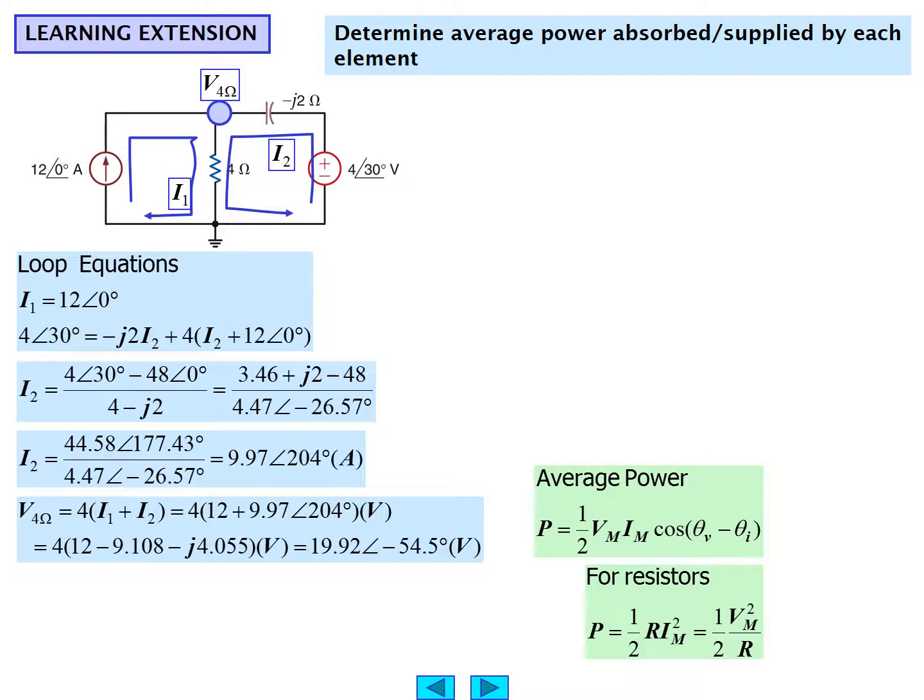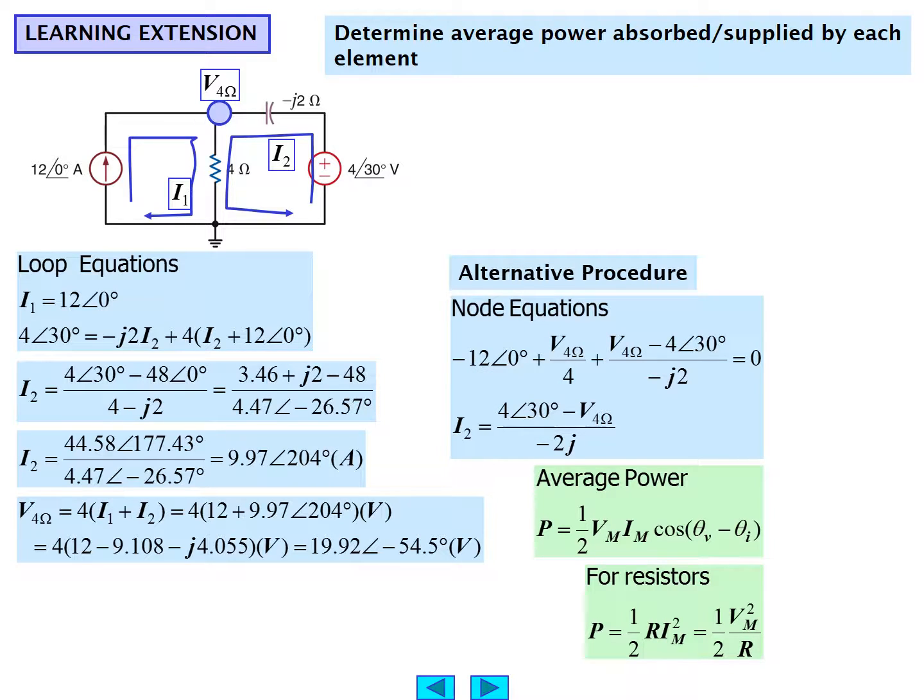We already know what I1 is. So therefore, the voltage across the 4 ohm resistor is 4 times I1 plus I2. I1 is a constraint, and we just calculated I2. Performing the mathematics of complex arithmetic, we end up with 19.92 angle minus 54.5 degrees as the voltage V, volts.